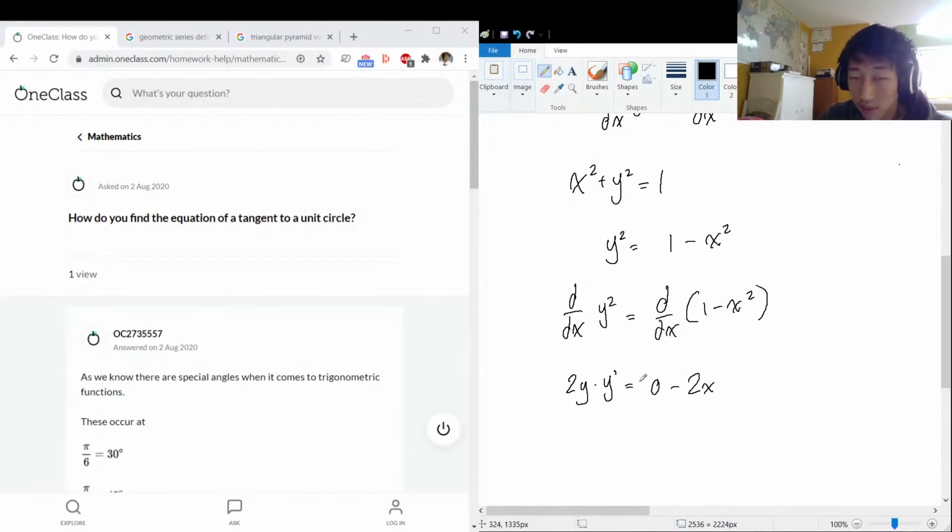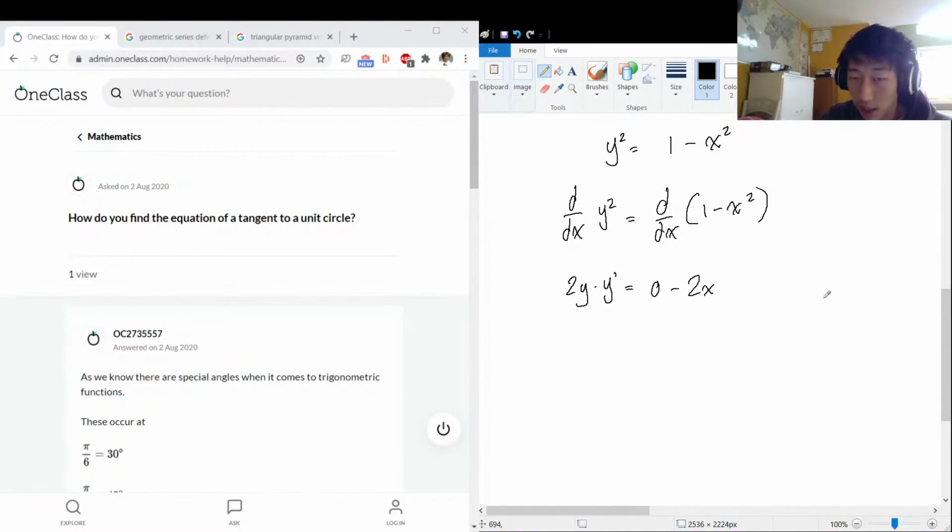Now let's divide both sides by 2y. y prime is equal to negative 2x over 2y. The 2's cancel out on the top and bottom. They neutralize each other. So that is negative x over y is equal to y prime.